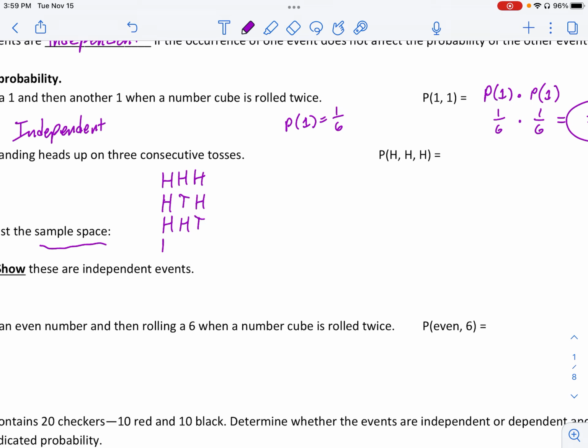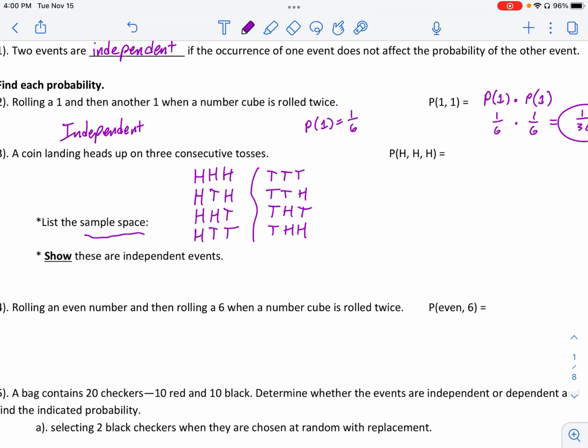You could have heads, tails, tails. I think those are all the options that start with an H. Then the rest start with a T. You could have tails, tails, tails, tails, tails, heads, tails, heads, tails, or tails, heads, heads.